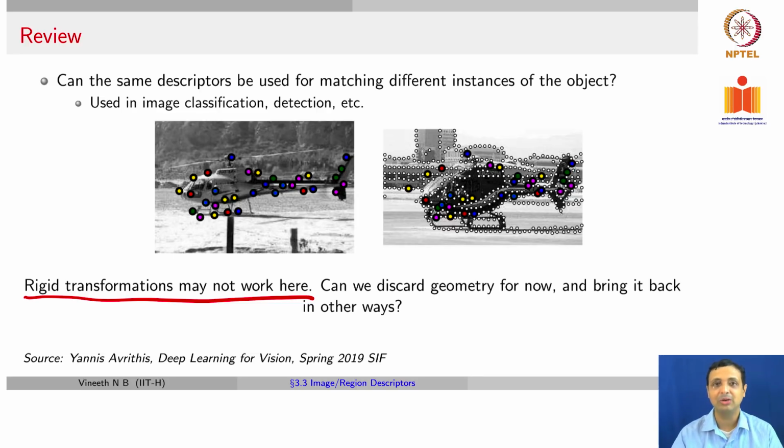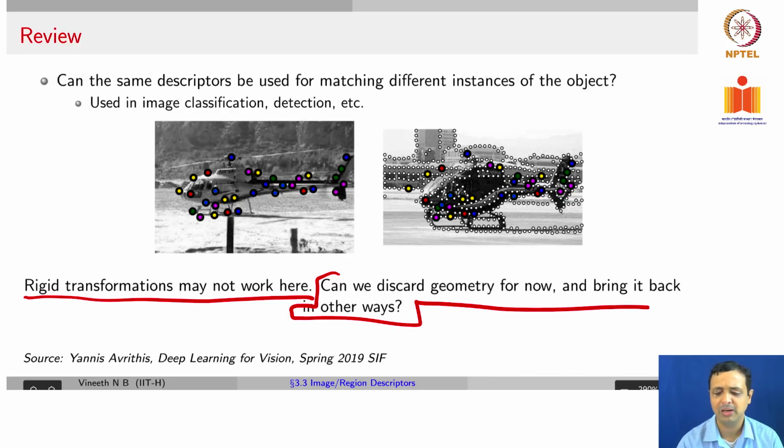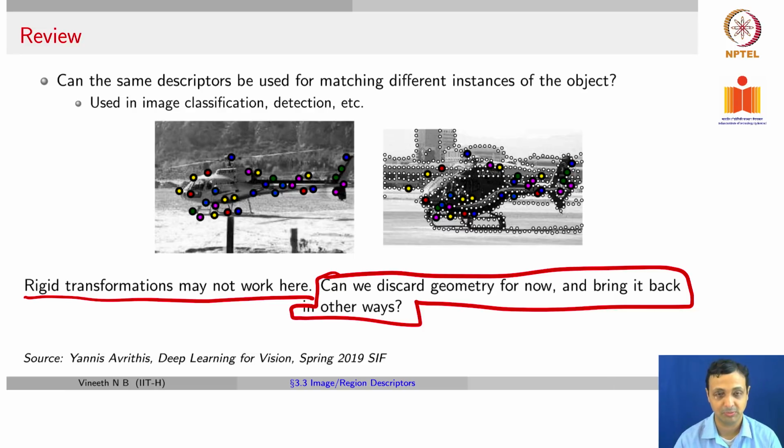But when these are two completely different instances of an object, it may not be a rigid transformation at all. So ideally, we want to see if we can completely discard geometry, try to match images in some other way, and then maybe later, using other methods, bring back certain elements of geometry a little more loosely into the mix.